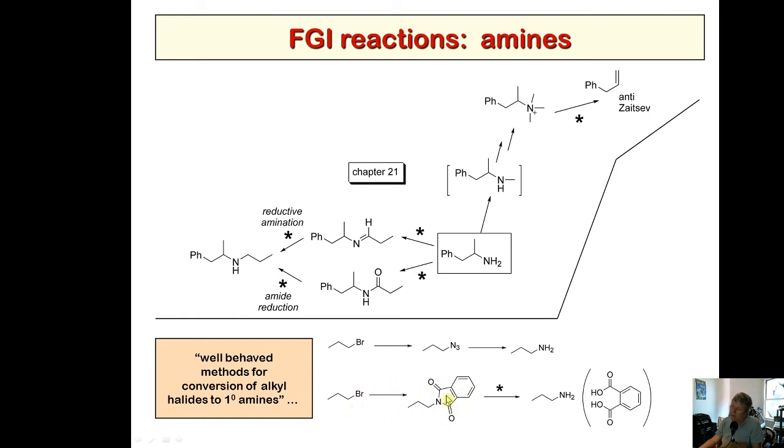You get this intermediate, and then it's just amide hydrolysis. So you hydrolyze two amide linkages, H3O+, heat. You end up getting the amine and this dicarboxylic acid. Both of these are great, well-behaved ways to convert an alkyl halide to a primary amine.